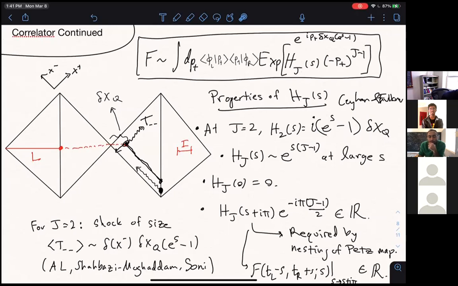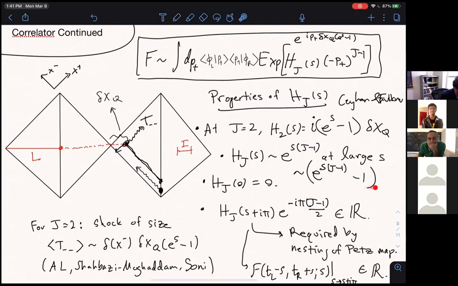For a stringy theory, for j less than 2, this thing still grows exponentially in s at large positive s, and it grows with a smaller Lyapunov exponent. But it's a much more complicated function of s. Part of the reason why it's so complicated is because it needs to obey a reality condition. Your first guess might have been e to some nice formula like this, that h just goes like this.